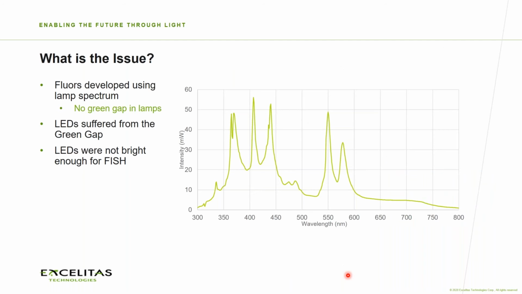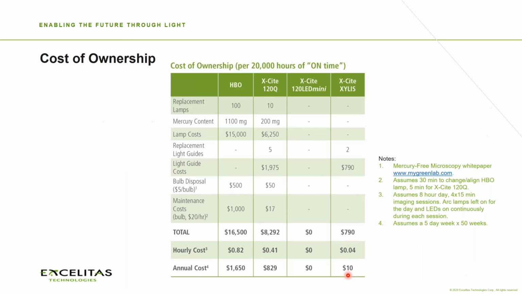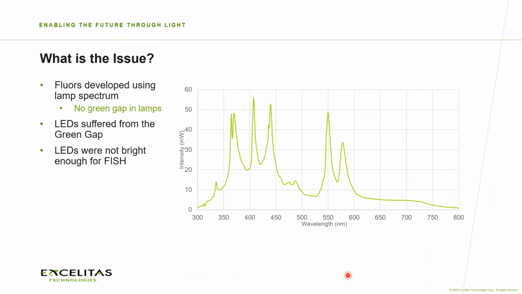So what's the issue? Look at this slide here. It's a no-brainer. Why hasn't everybody moved over to LEDs? Well, we did try early, like 2010 is when I first launched an LED product from X-Cite.